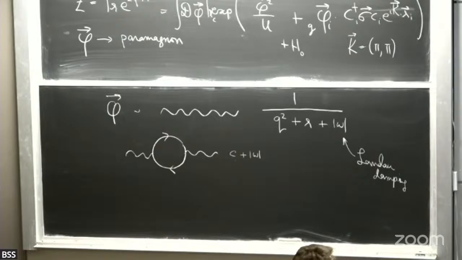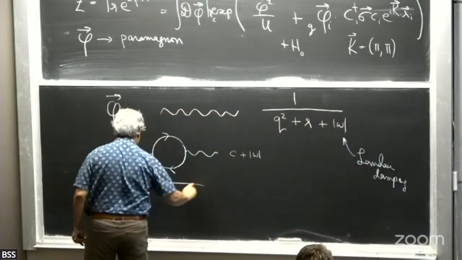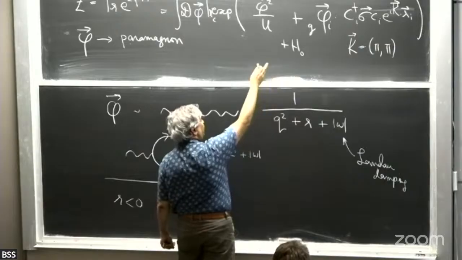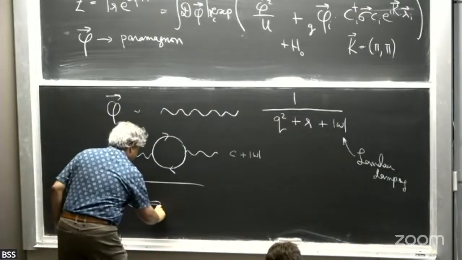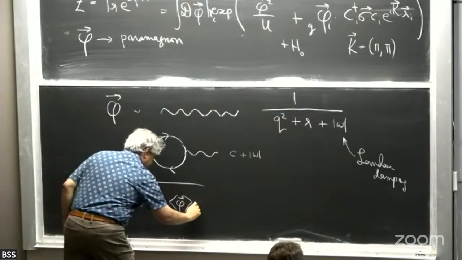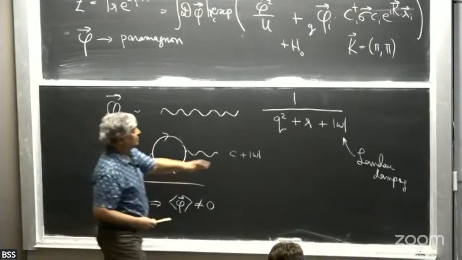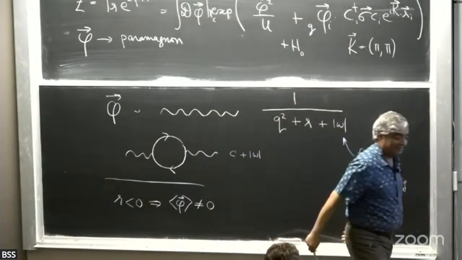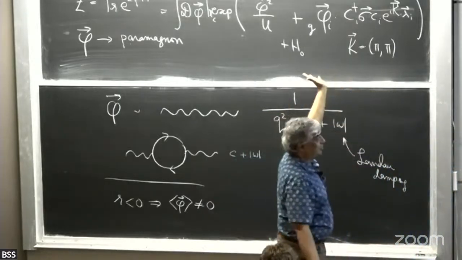But before I get to the fluctuations here, if I just consider the case r less than 0, then the phi field has got a negative mass. So that means you will go into a phase with phi not equal to 0. So it's just a constant field. So now if you just take the Hamiltonian, H0 plus phi constant, and look at the Fermi surface. So I've broken the symmetry by the phi, and I just compute the Fermi surface.